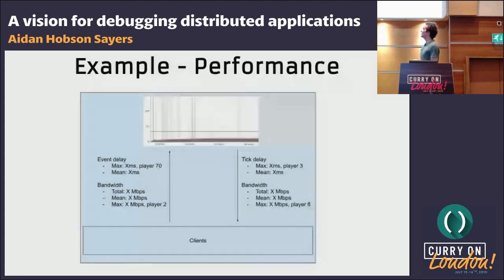You can see that the tick budget is about 66 milliseconds for 15 ticks a second, and these were spikes of about 5 seconds. So that's not that great. We can instantly see that there's something that we need to look at in terms of the simulation performance.